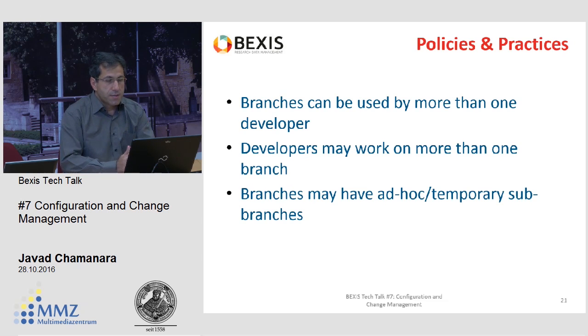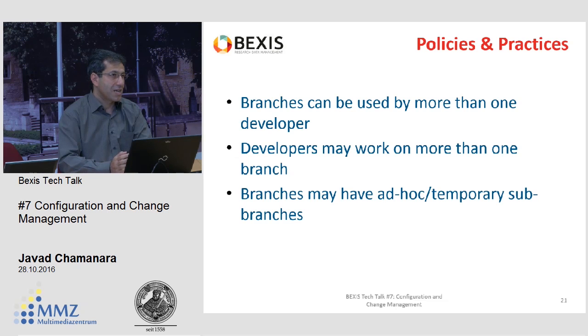So there are some policies or practices that we encourage. The simplest one is that branches are not just for individual developers. A branch can be used by more than one developer if needed, especially during teamwork. And vice versa, developers can work on more than one branch, but obviously one at any given time.